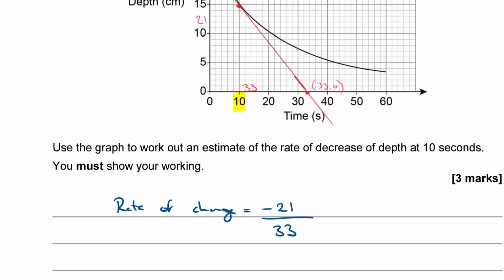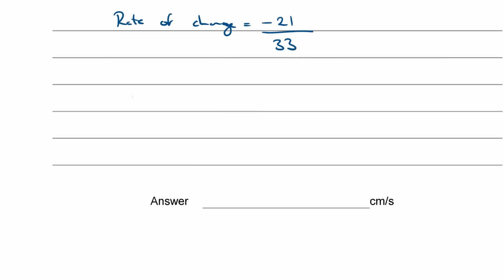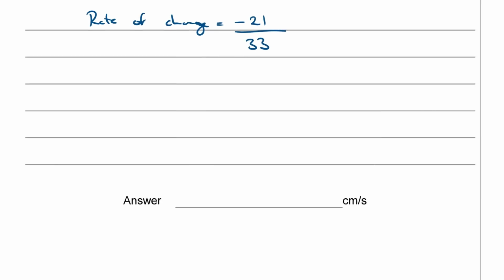So minus 21 over 33. So tapping that into my calculator, I'm getting an answer of 0.64 to 2 decimal places, minus 0.64 centimeters per second.